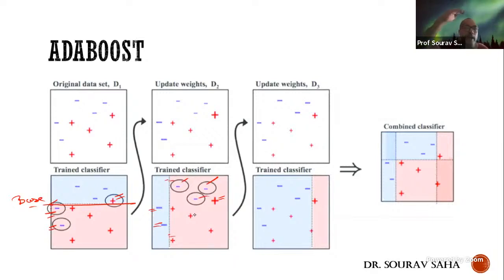Whatever was correctly identified, their weightages come down. Whatever was incorrectly identified, their weightages go up. So this one comes down, comes down, comes down. This one also comes down, while this and this weightage goes up.